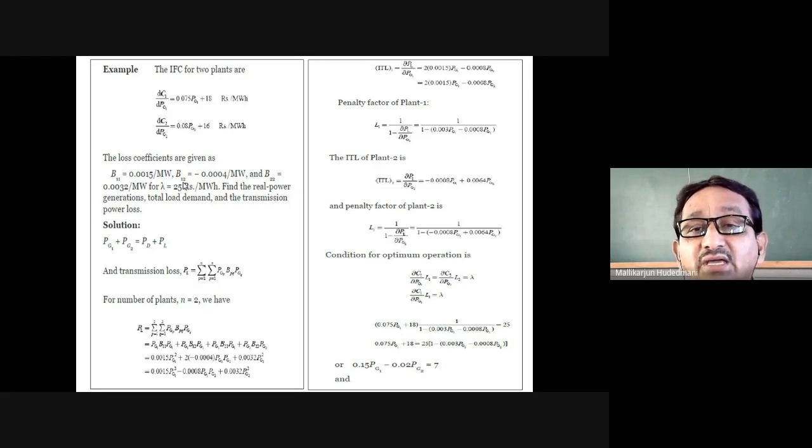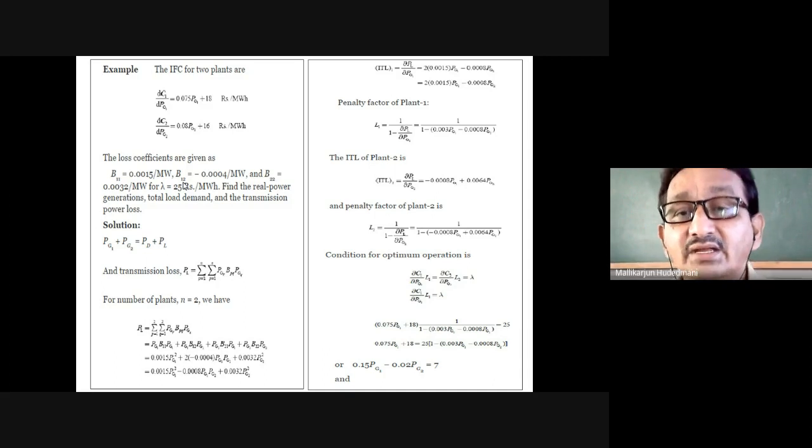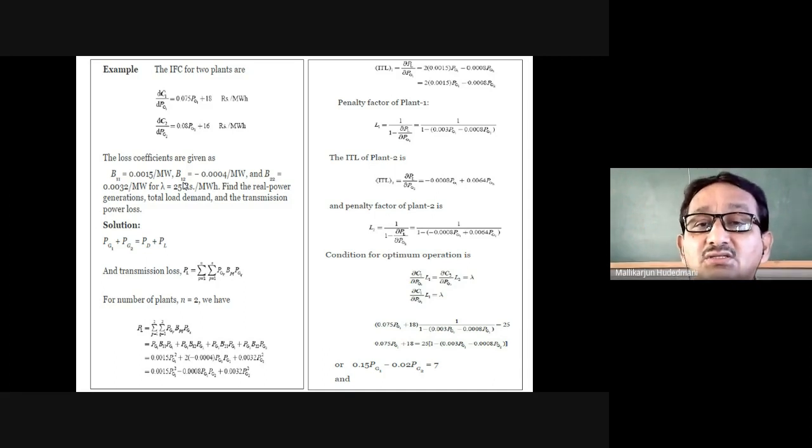If two machines are there, in fact, I should get 4 values, out of which B12 is the same as B21. In case of 3 machines, I am in need of 9 B coefficients, B11 through B33. In this context, 2 machines were given, so I will be in need of 4 constants B11, B12, B21, B22.